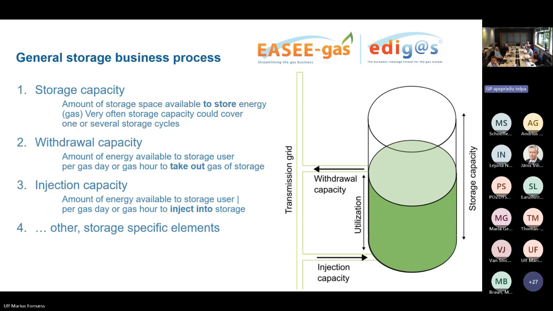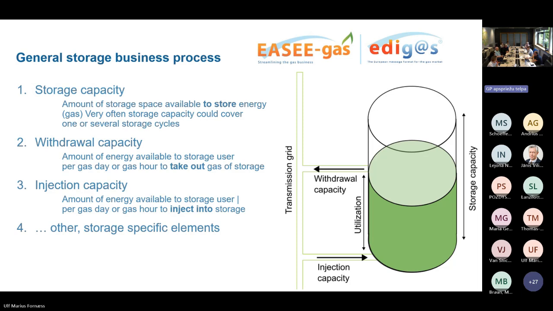Then we have two additional common characteristics of the product: withdrawal capacity, how much gas you can take out of the storage, either on a gas day or gas hour, and also injection capacity to and from a transmission grid. These are very common characteristics for storage business processes.